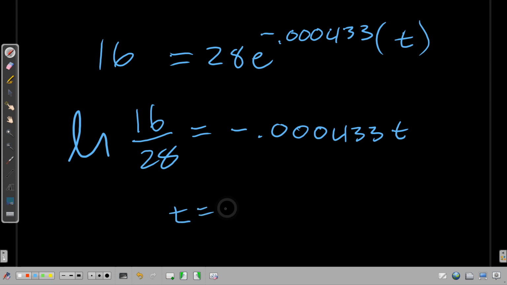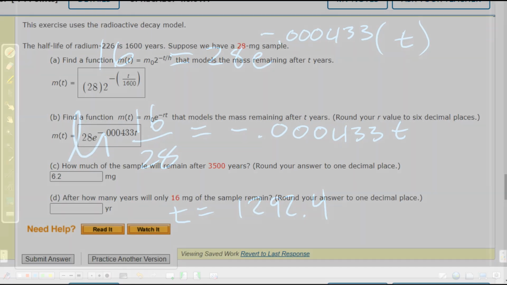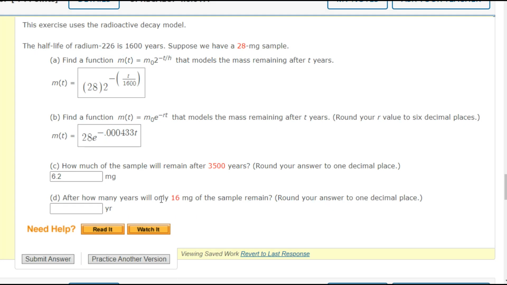And I get that T is 1,292.4 years. I would have also liked if they had said precisely 16 milligrams. So 1,292.4.